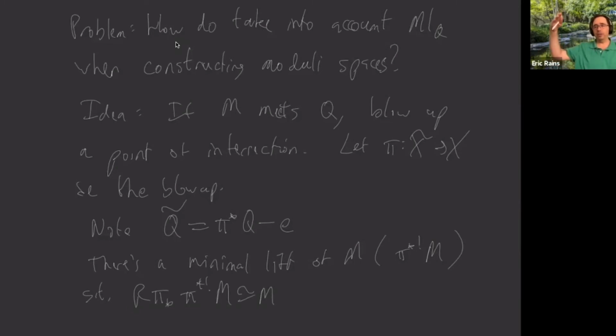So it has no higher direct images, and the actual direct image is M. And any other sheaf with this direct image, including acyclicity, has this minimal lift as a subquotient.